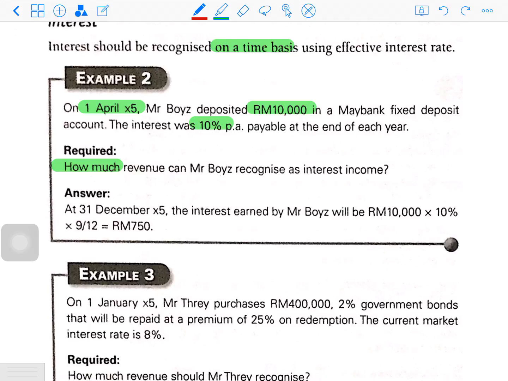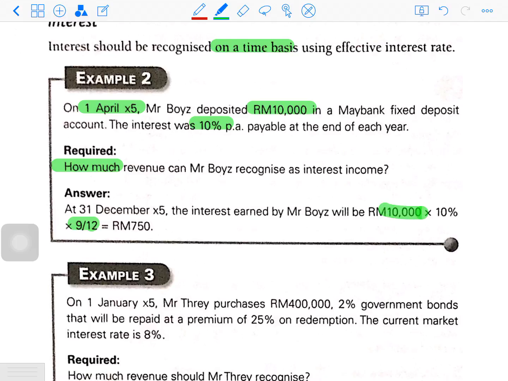On 1st April. So April to 31st December, how many months? There is 9 months, kan? 9 months. So that means 9 over 12.